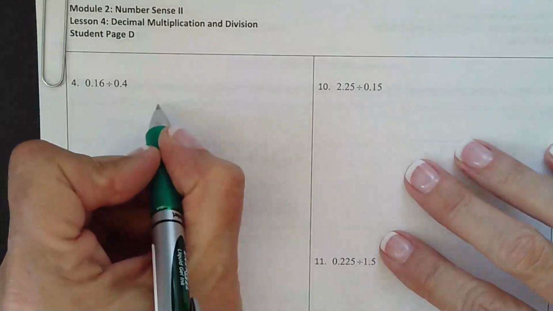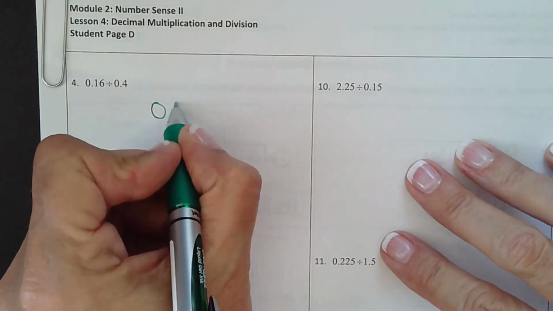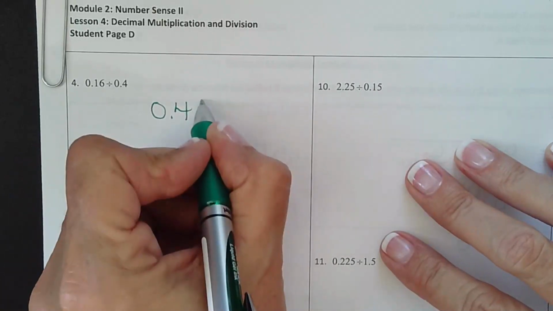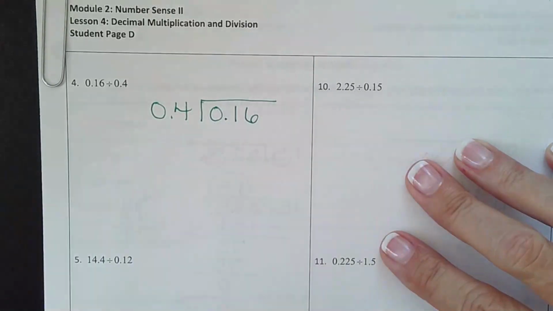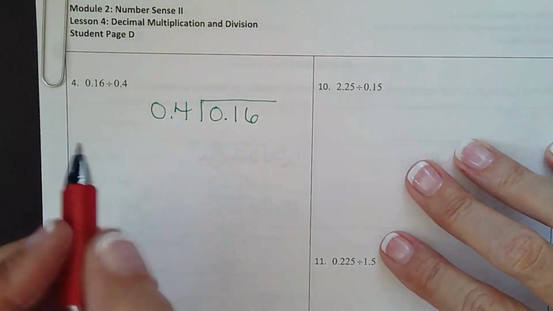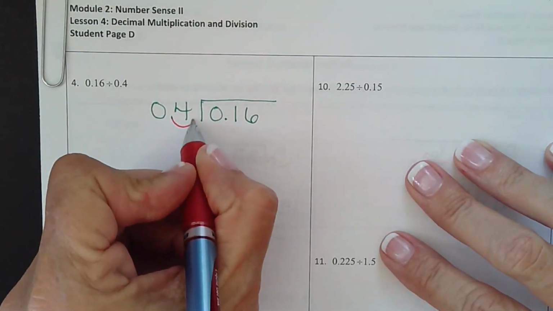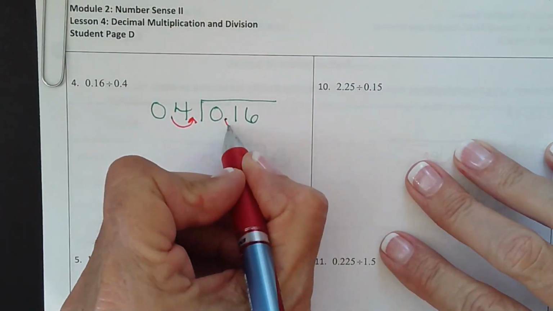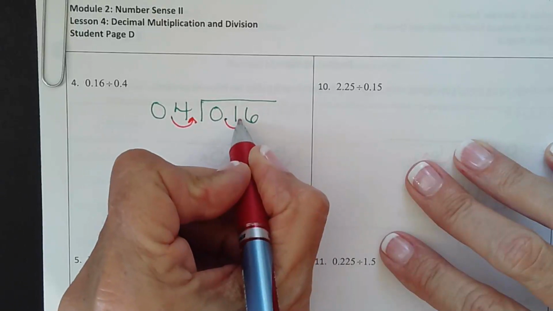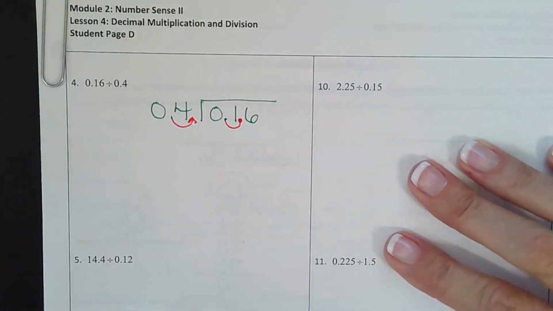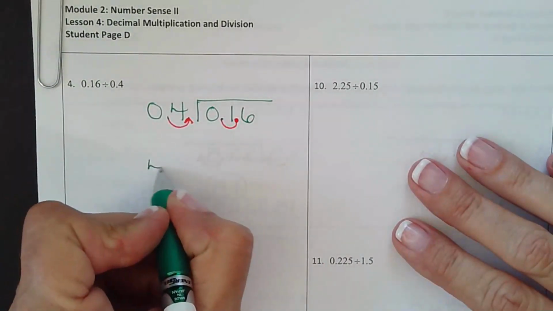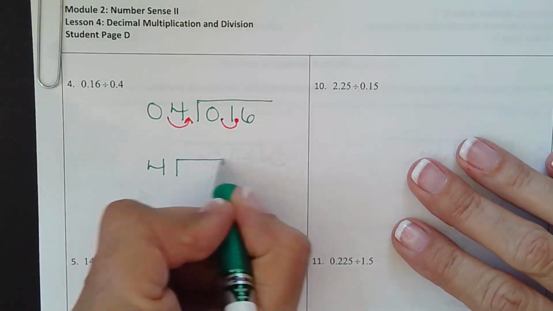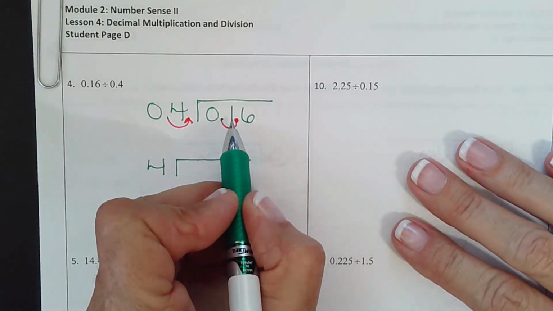So our divisor for number 4 is 0.4 into 0.16. So we need to move the decimal one place to make 4 a whole number. So one place here, which puts the decimal in between the 1 and 6. So when we go to rewrite this problem, the divisor is now the whole number 4, and the dividend is 0.1.6.